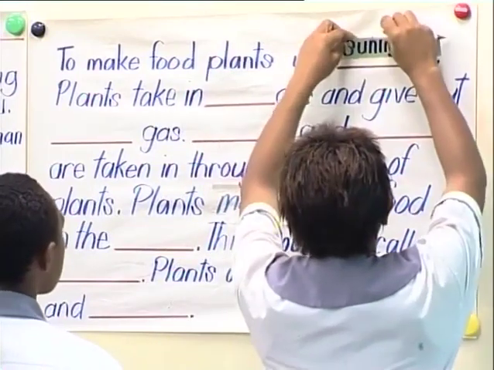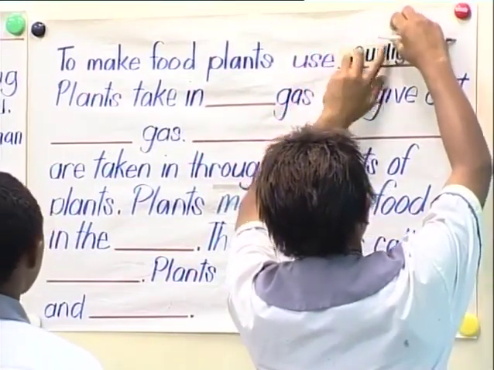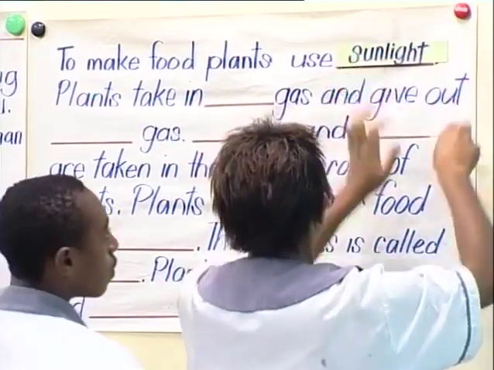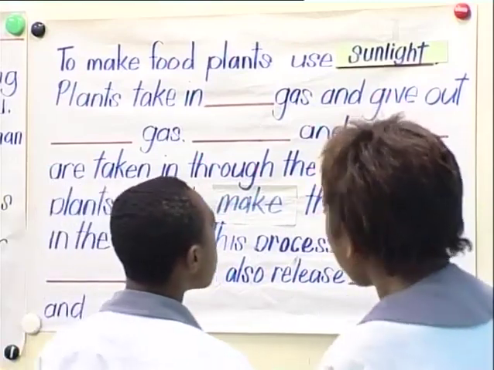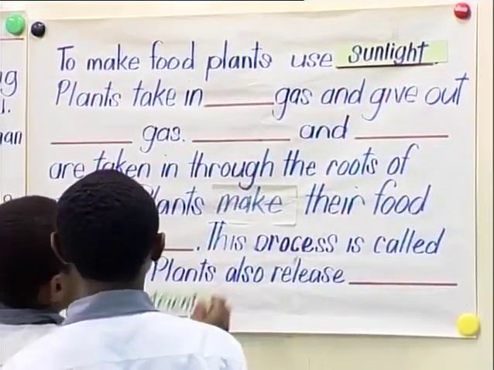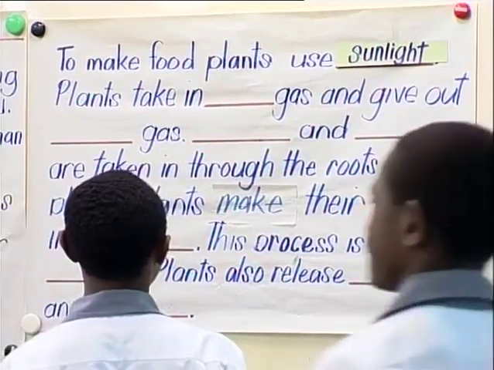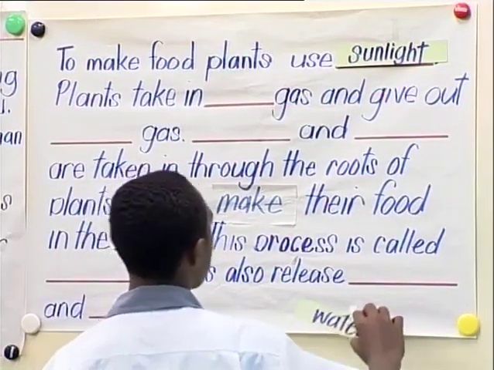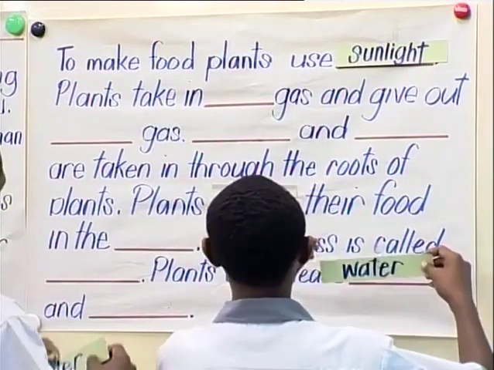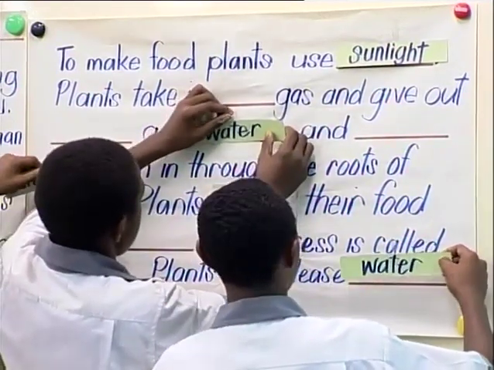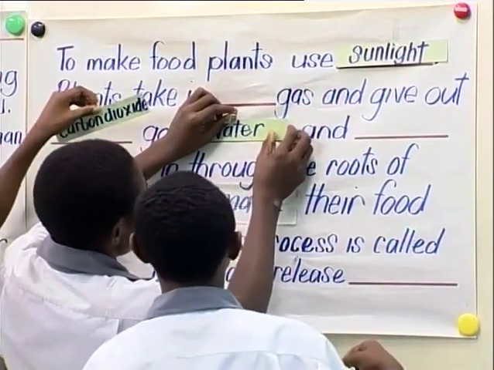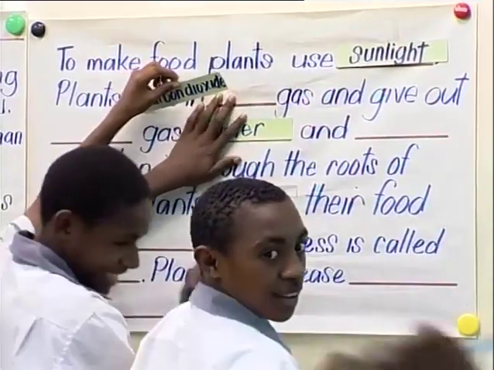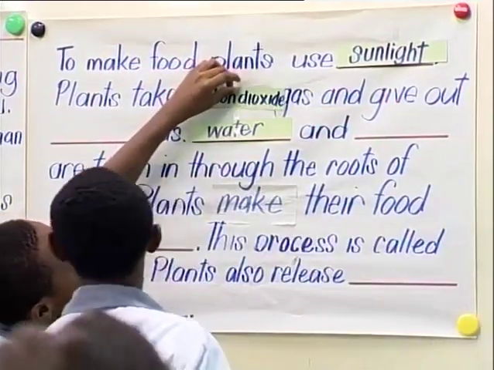The fourth person, Cullen. I'll give you the words, you read and you put them there. Fifth, Tony. The words are with you, so just put them.